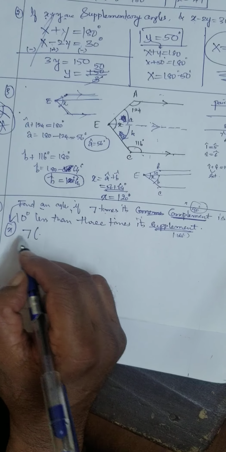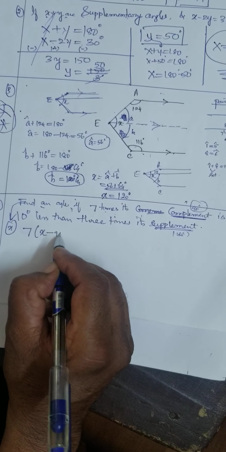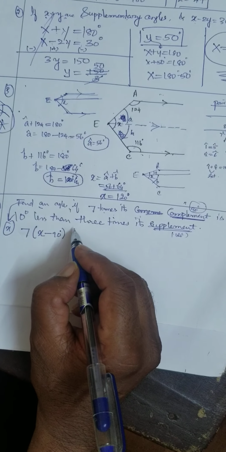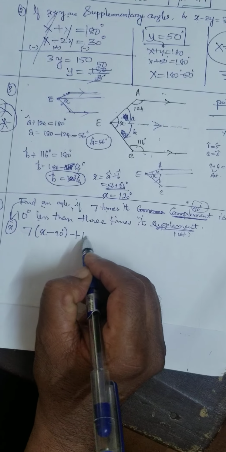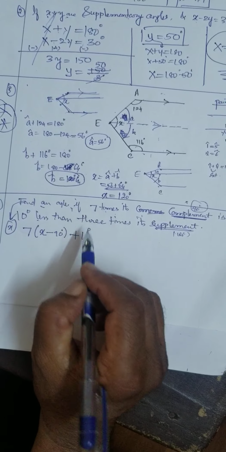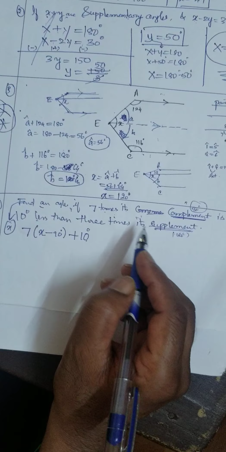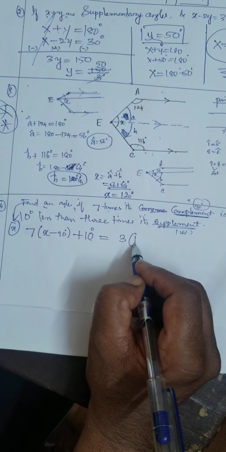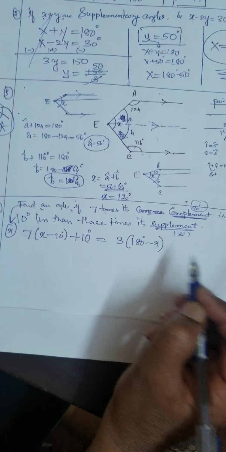What is the complement of x? Its supplement is 180 minus x.